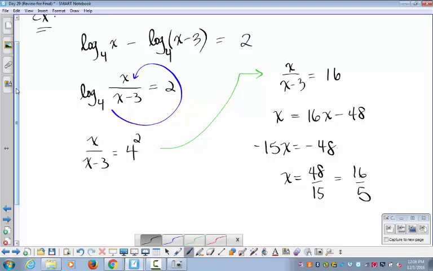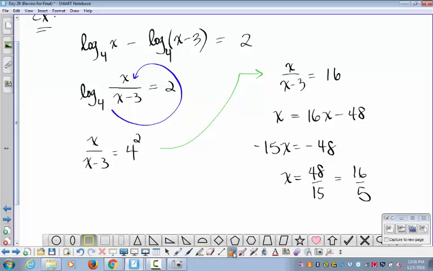Because logs are only defined if the argument is greater than 0, if it's positive. So we just check, loose check. 16 fifths there, that's positive. 16 fifths, which is a little more than 3, minus 3 will still be positive. So that's the extent of the check. So that is our one answer.